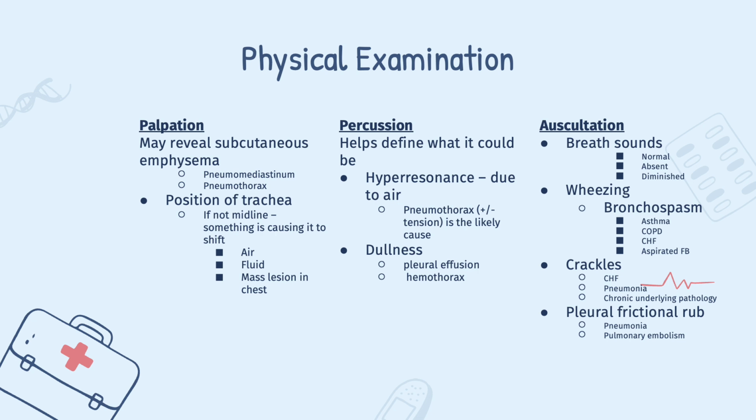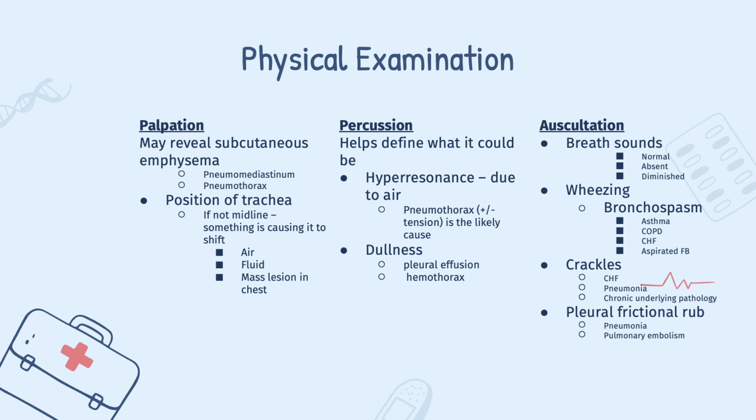Auscultation, so our breath sounds. Any wheezing? Think about the bronchospasm conditions. Are there crackles present, so do we have that wet lung? Is there a pleural friction rub? These clinical means are a great way to examine patients, but sometimes in emerge, patients come in and we may need other alternative measures of figuring out what their respiratory function is.